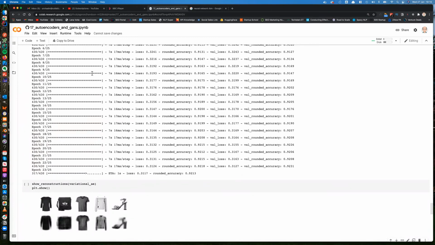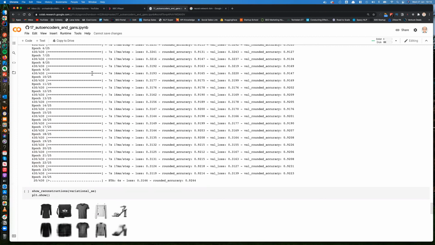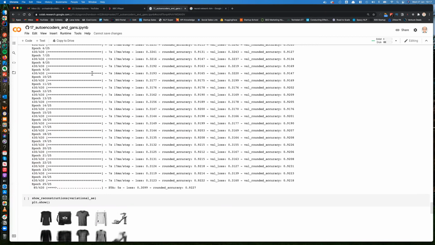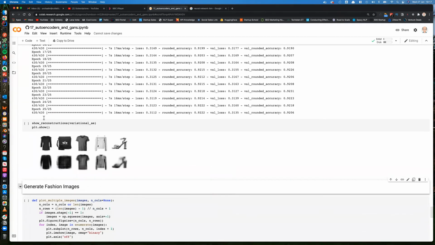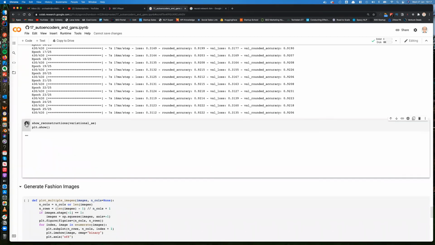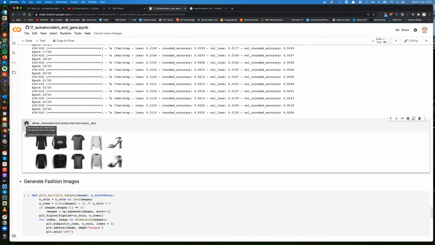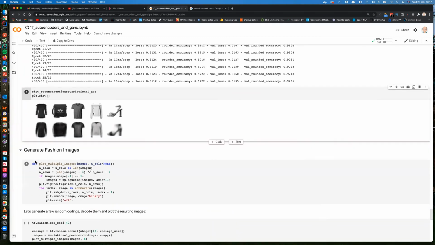This latent loss part is the most interesting, I think, of this variational autoencoder. The fact that it pushes the representations in the way that it does is really clever. I hadn't thought about how you could possibly do that. Okay, so let's generate some images. That's interesting, that's quite good.